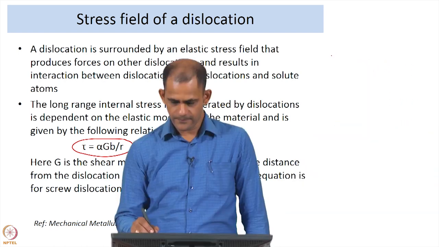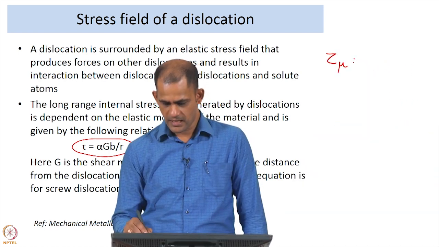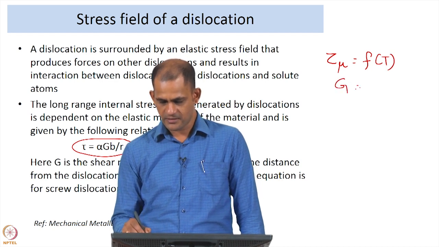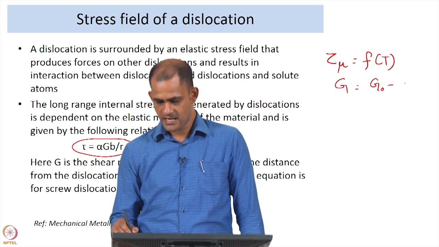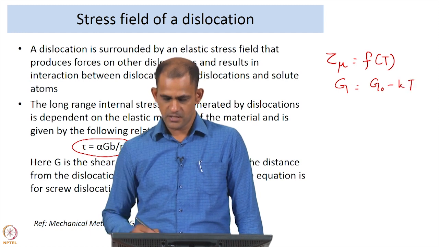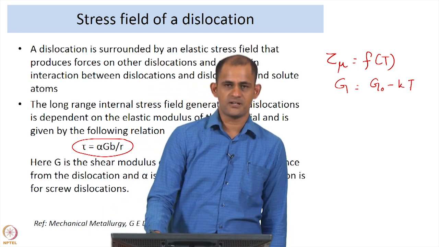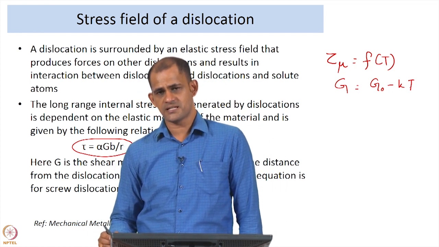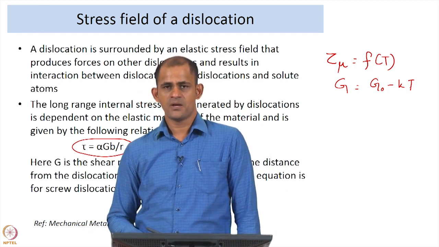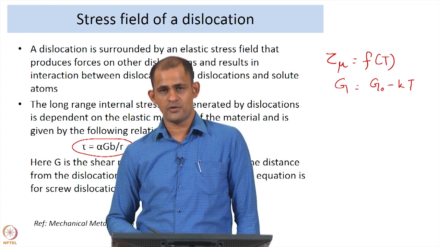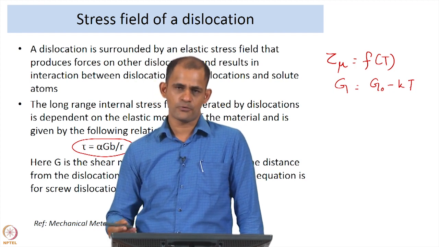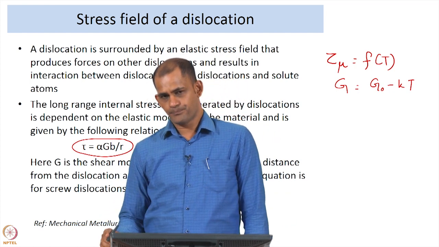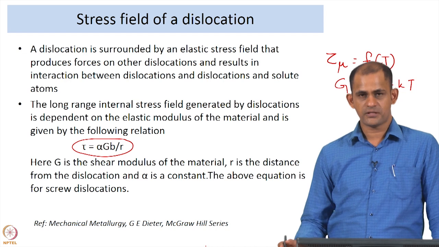So, if you are looking at tau mu as a function of temperature, you will have to account for the fact that G decreases as the temperature increases. So, G is approximately given by that relation, and so as the temperature increases there is a change in G, which means if you are going to evaluate the thermal stress component, you will have to account for the change in G.